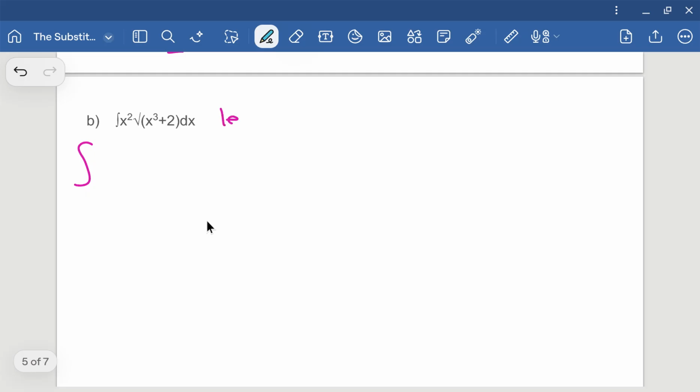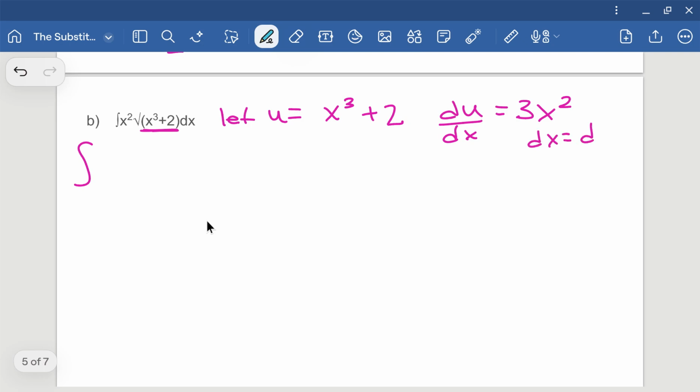So let's again, the one that's a little bit harder here is that inside, let u equal x cubed plus 2. Take the derivative, du over dx equals 3x squared, and then rearrange, and we'll get dx equals du divided by 3x squared.